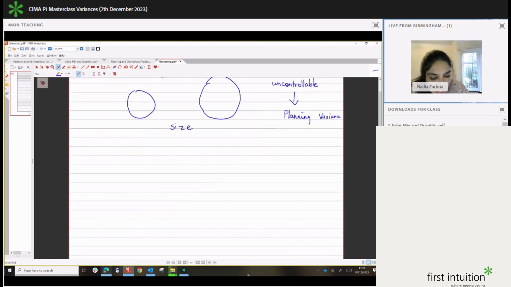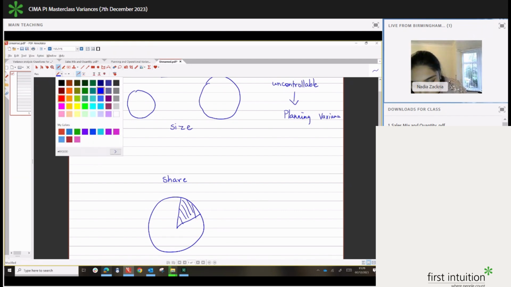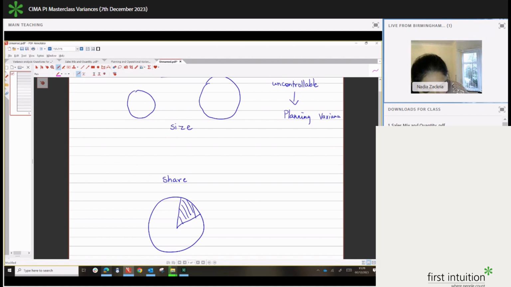On the other hand, we've got a market share variance, where initially we predicted to have an X number of customers. But at the end of the year, the managers have done something well, so that our share of that market has increased.